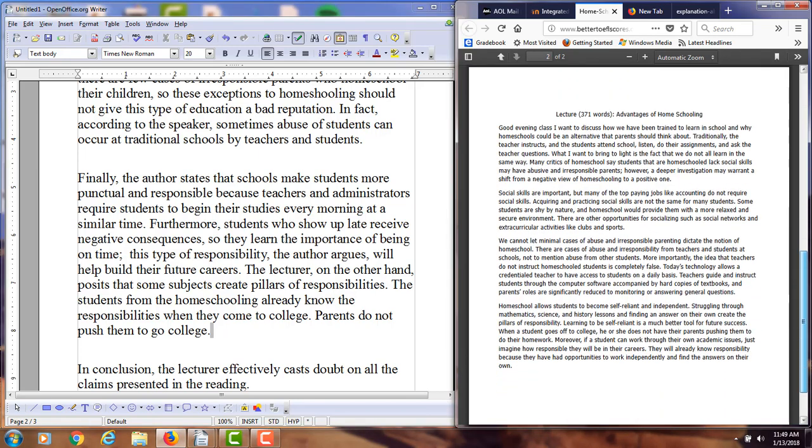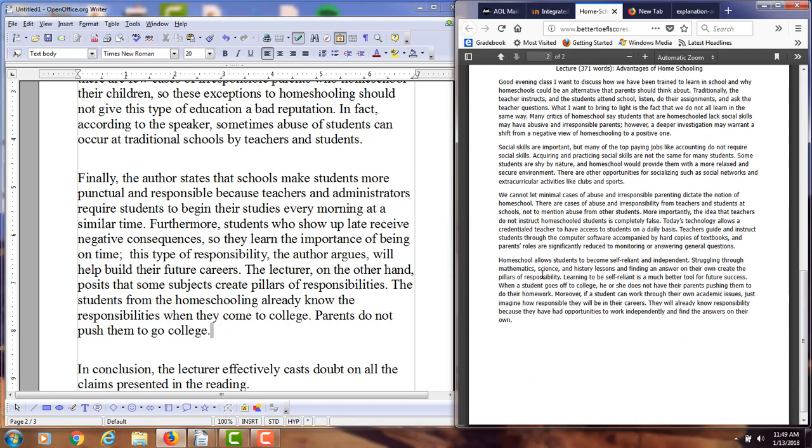But let's look at what is said here. It says homeschooling allows students to become self-reliant and independent, struggling through mathematics, science, and history lessons and find the answer on their own, create the pillars of responsibility. Say you're not exactly saying that.